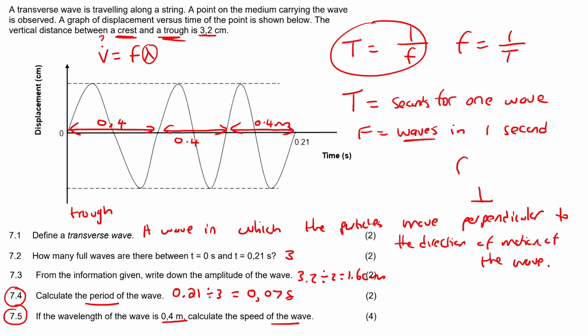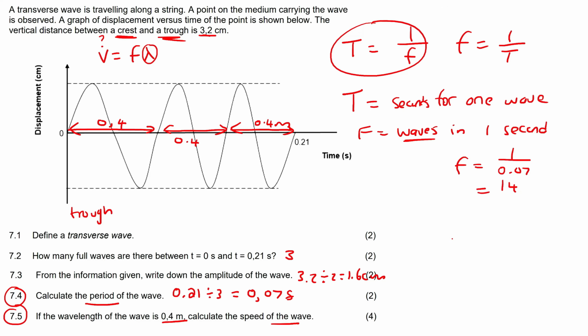So we could then work out the frequency as 1 divided by 0.07. Now don't round off because this is not the final answer. So it's going to be 14.2857. Yeah, that's good enough for now. And so we can then fill that in over here. So we can say V equals frequency.